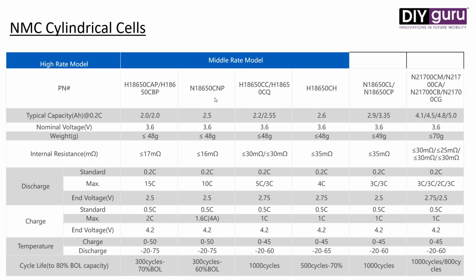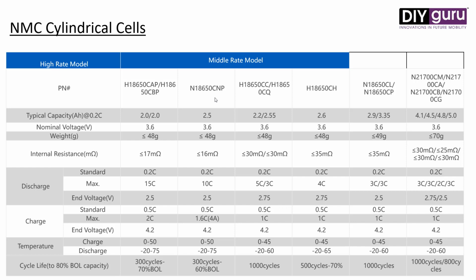End voltage is the cutoff voltage below which it is not recommended that the cell should discharge. For NMC it is 2.5 volt at standard 0.5 C, and maximum it could be 2 C. The peak voltage is 4.2 volt for NMC cylindrical cells.